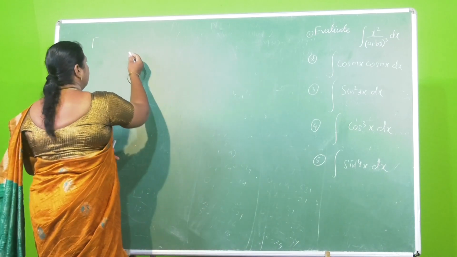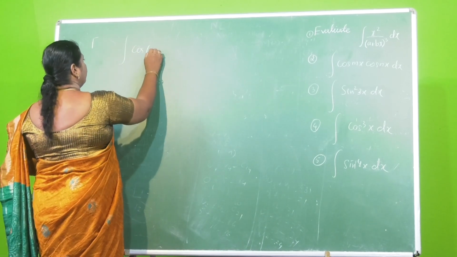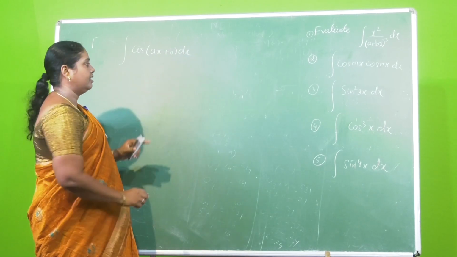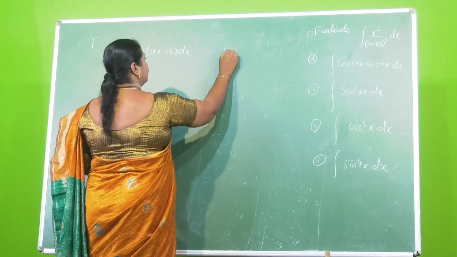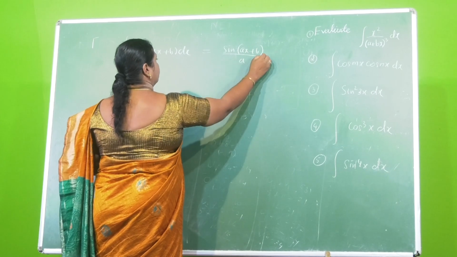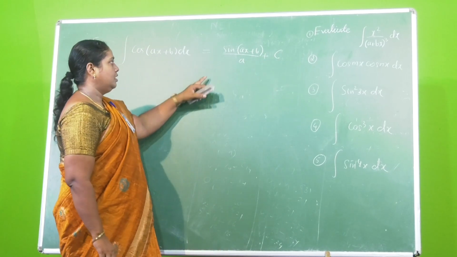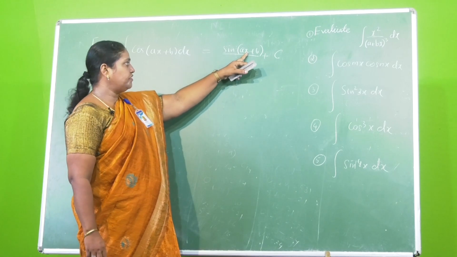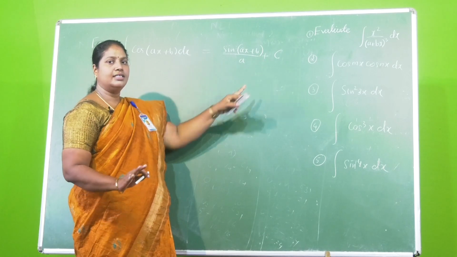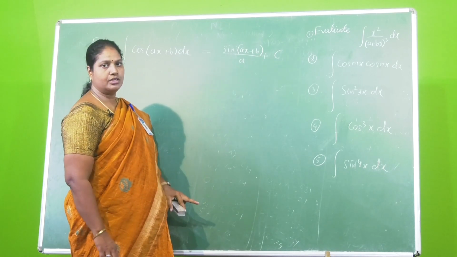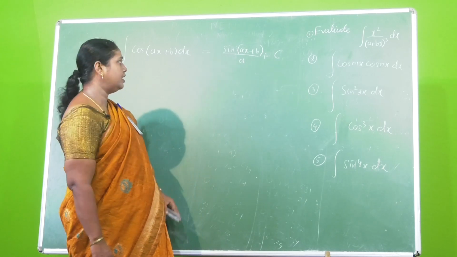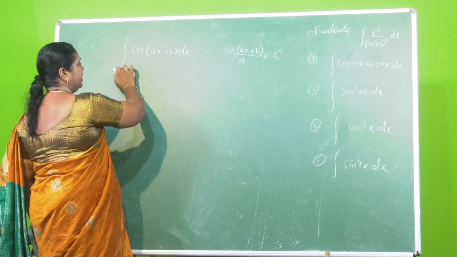So, the integral of cos of ax plus b dx will be sin of ax plus b divided by a, that is the coefficient of x will come to the denominator and the constant term does not affect the integral values.